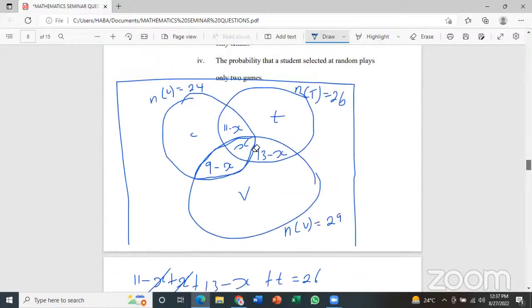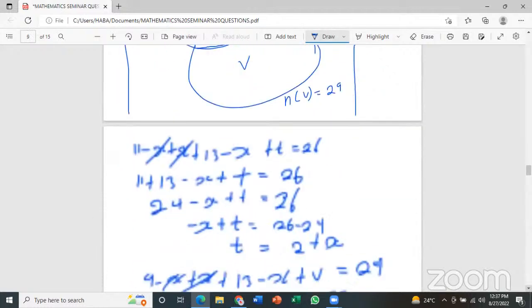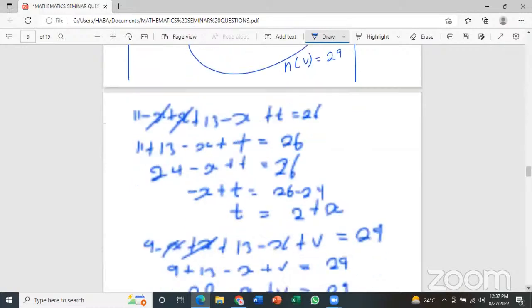Here I'm going to write 2 plus x. Then v is 7 plus x.